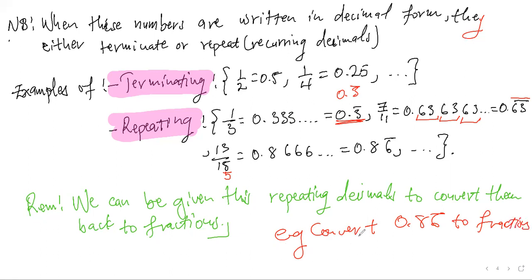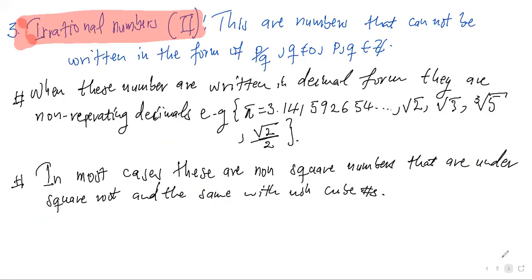So then you have to find a way of converting it. We'll do such examples as we move on with the video. So I guess I was clear with rational numbers.